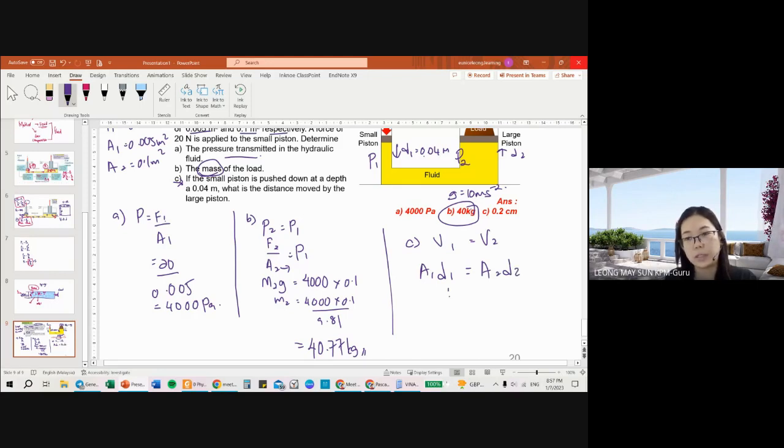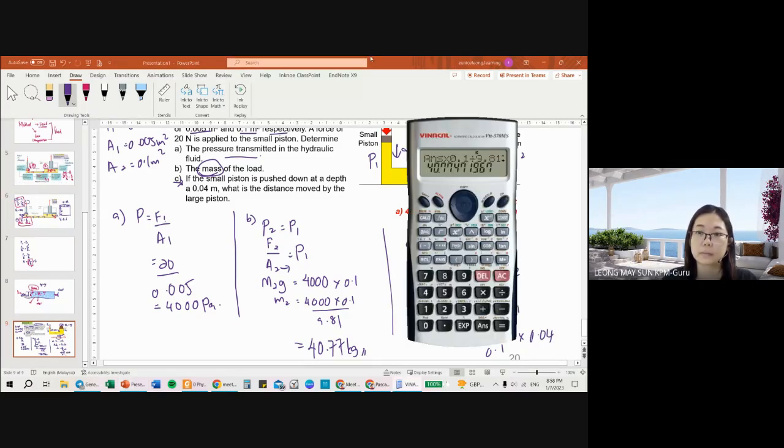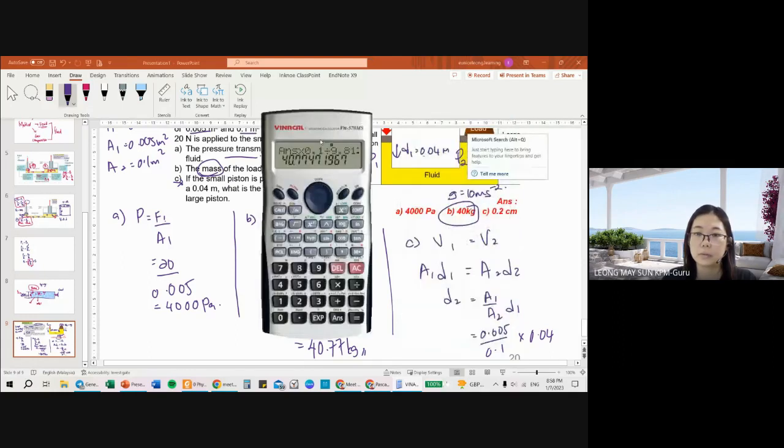So we want to find D2. I'm going to rearrange my formula first. D2 equals A1 over A2 times D1. So area 1 is 0.005, area 2 is 0.1, D1 is 0.04. So here on the calculator, 0.005 times 0.04 divide by 0.1.